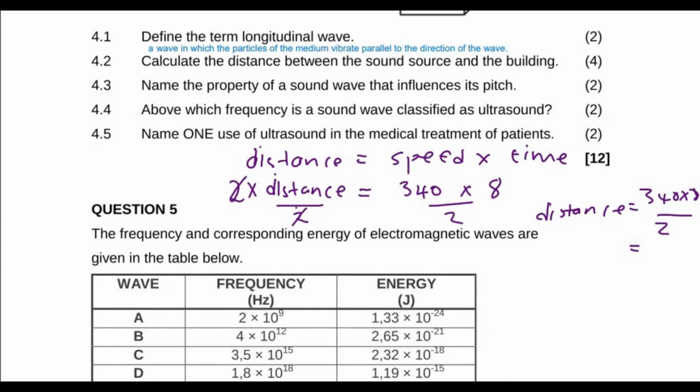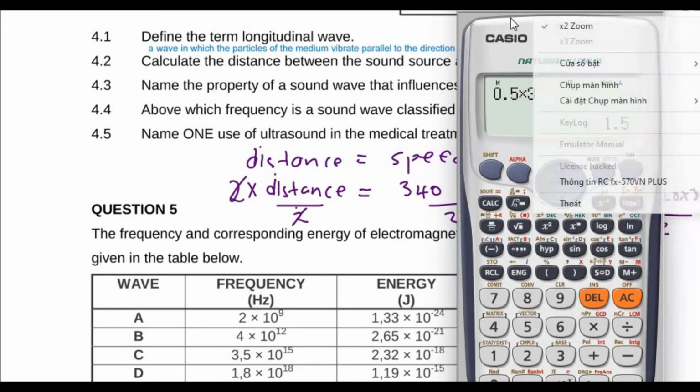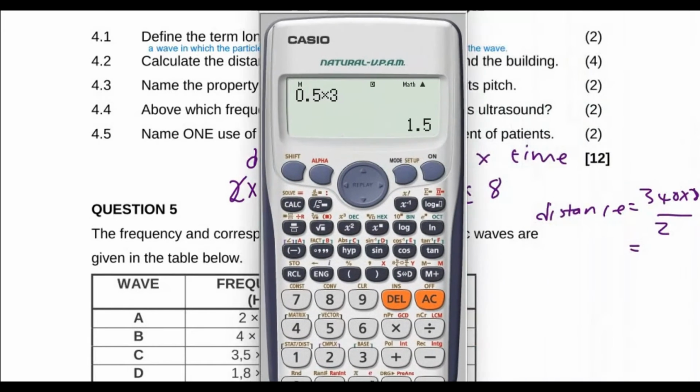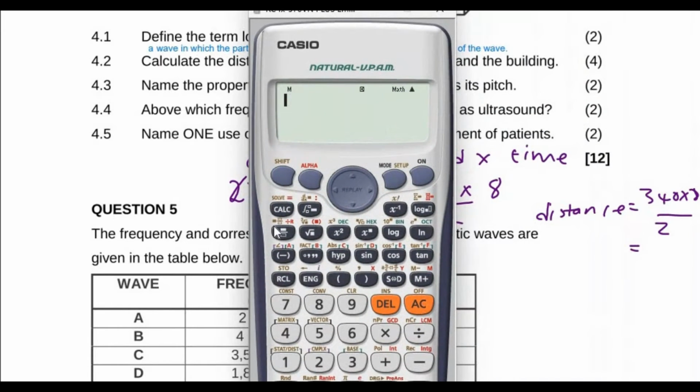Let's put that in a calculator. We have 340 multiplied by 8 divided by 2. How much is that?